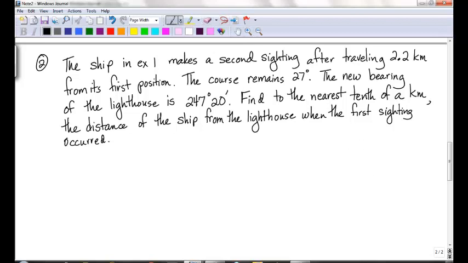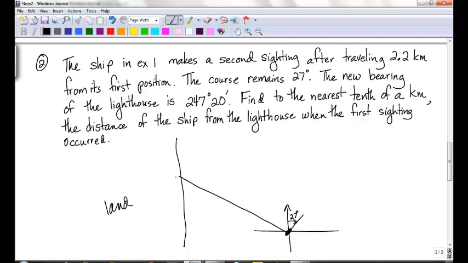Okay, so we're looking for a distance. On this one, this is the land over on this side, and I'm going to draw this down here. This is where we started. It was 27 degrees, and we spotted the lighthouse over here.